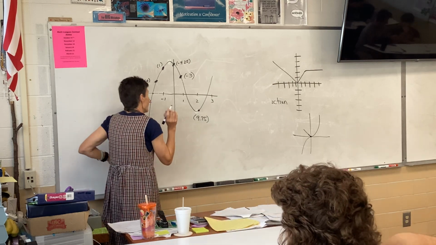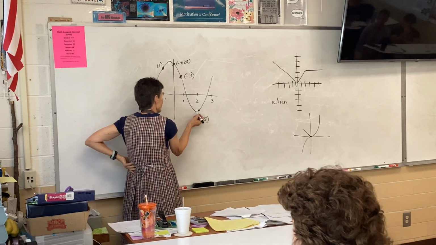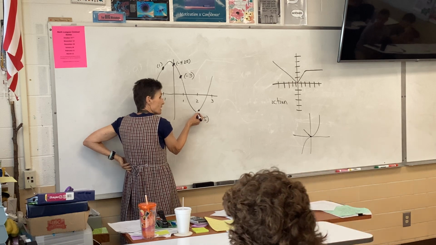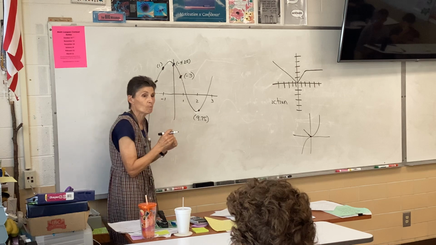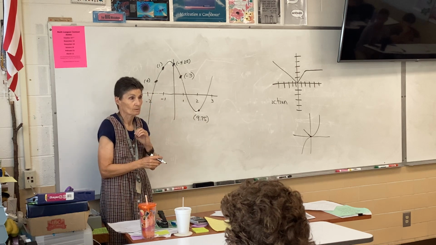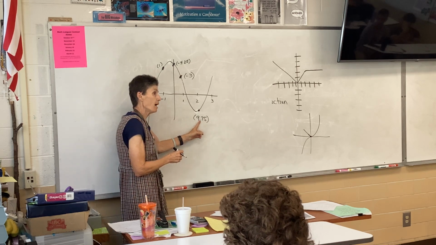But what's this right here? That's a minimum. And at a minimum, the slope is 0. This seems a little high to me.